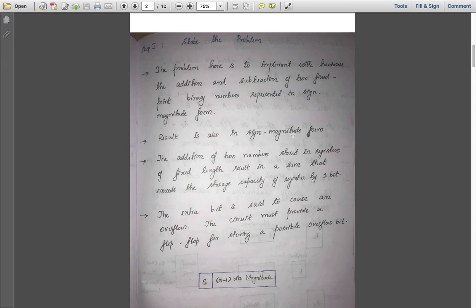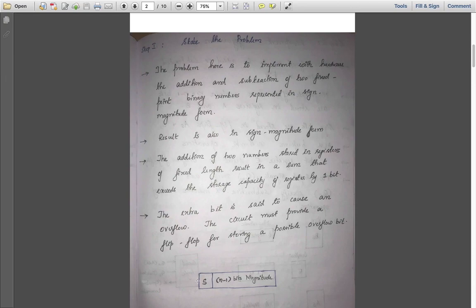So these are the problems we address: the addition of 2 signed numbers or subtraction of 2 numbers, the resultant will also have some sign, and if a carry or overflow is generated, it should also be stored somewhere. These many problems need to be addressed while designing.